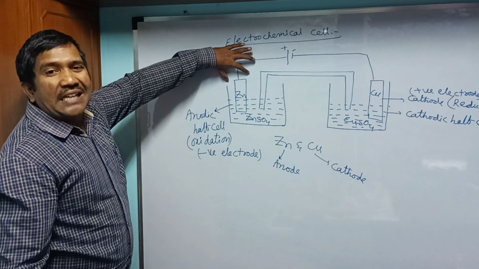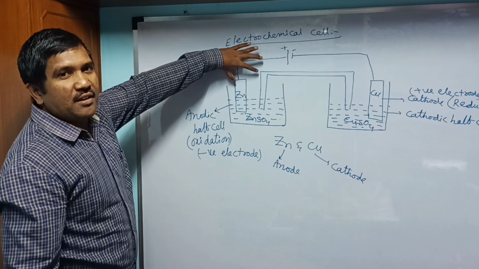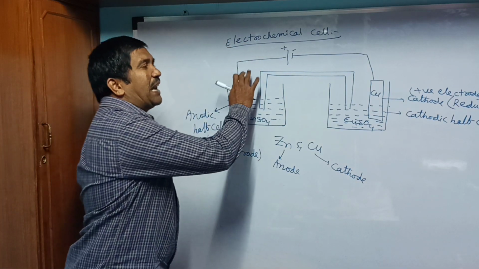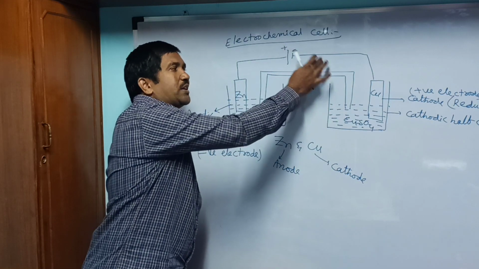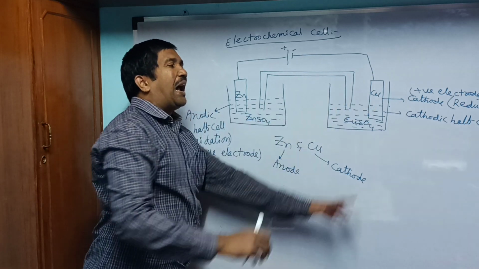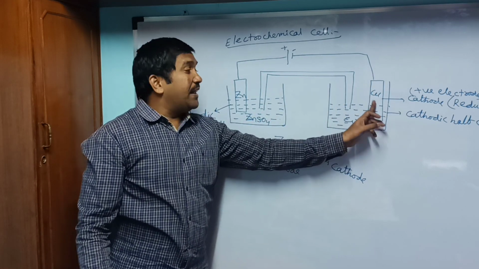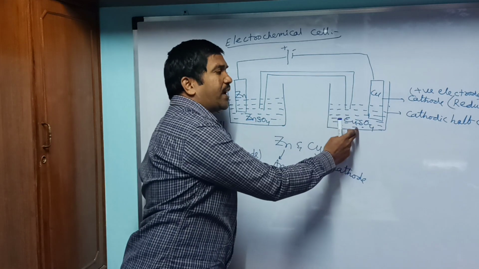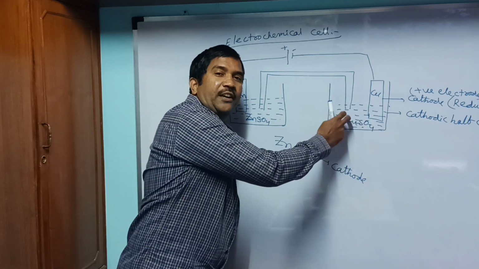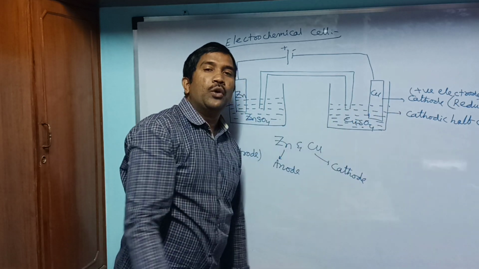This zinc starts dissolving by loss of electrons. These electrons flow through the external circuit and reach the copper electrode. In the cathodic half cell, Cu2+ ions are present. Those Cu2+ ions gain those 2 electrons and convert into copper.